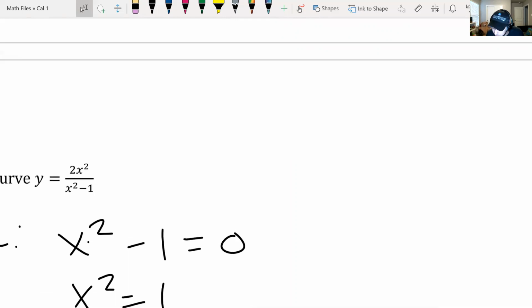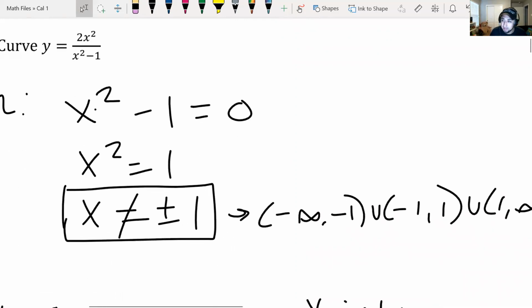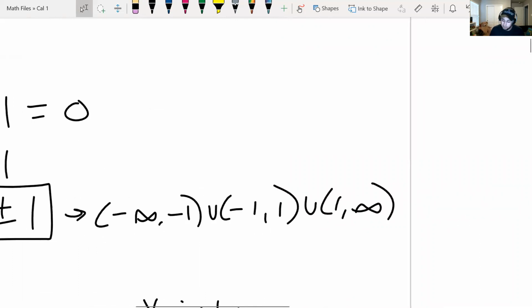Anybody know what's going to happen when I type these in? Can I actually plug in 1 and -1 to this function? Look at my domain. My domain says x cannot be 1 and -1. But we'll try it out anyways.